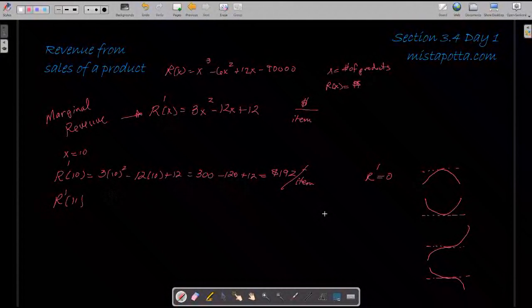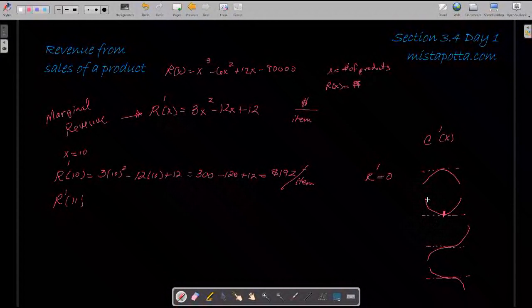Businesses will often use this to look also at marginal cost, to look at the cost change per item. Because if I've got a situation like this, I'm going to want to find wherever my minimum costs are. Ideally, I'd want a situation like this where there's a certain number of products I can make that would minimize my cost.